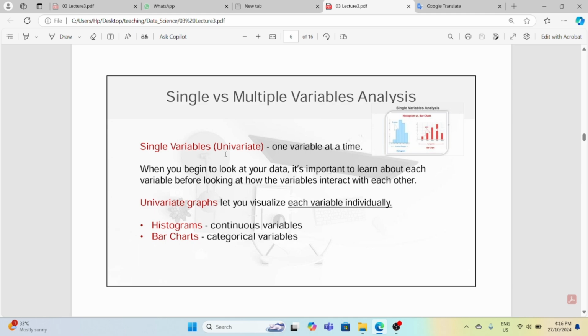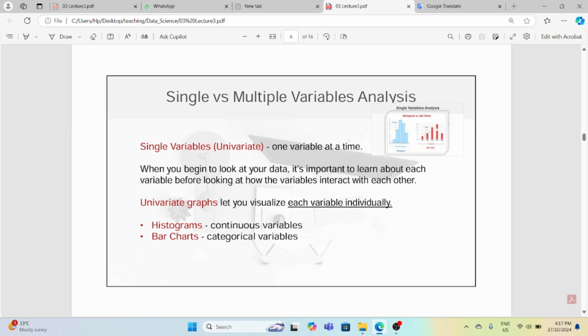Single variable, or univariate, means one variable at a time. So we discuss one variable at a time. When you begin to look at your data, it's important to learn about each variable before looking at how the variables interact with each other.